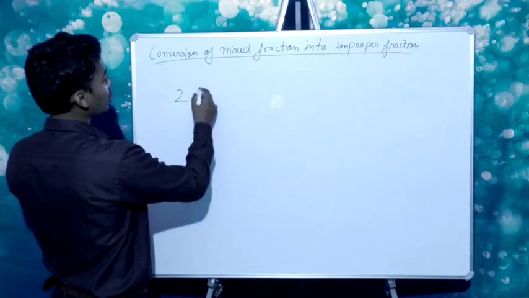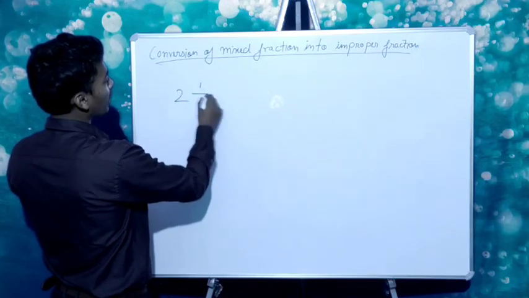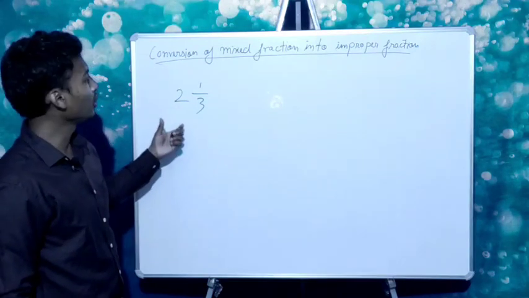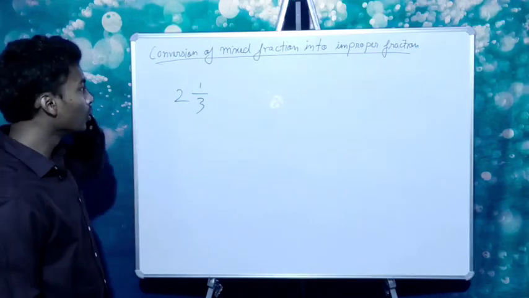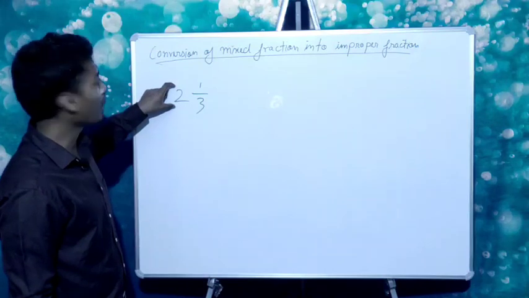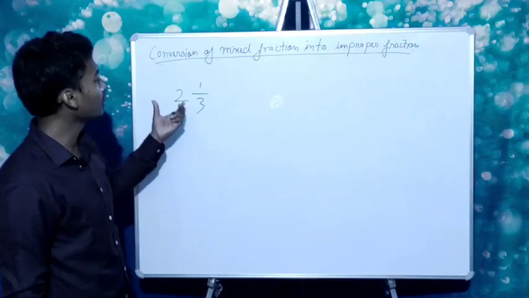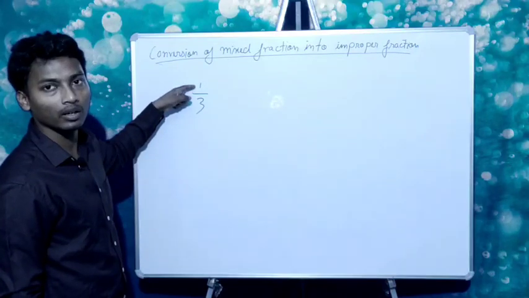Let's take the example 2 whole 1 by 3. To convert a mixed fraction into an improper fraction, we have to multiply the integral part with the denominator, and then add the product to the numerator.